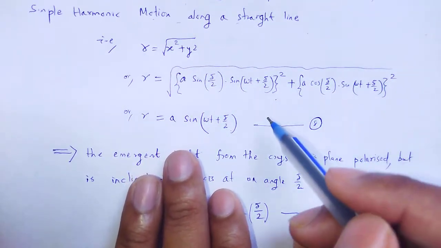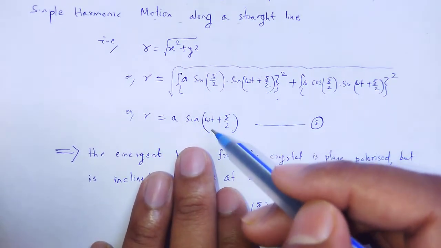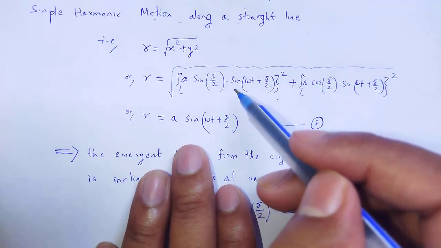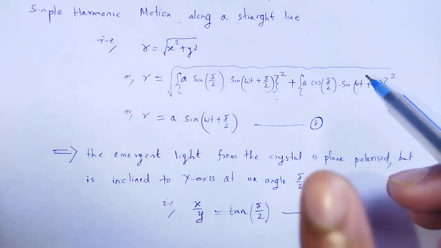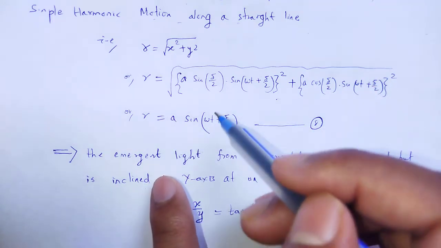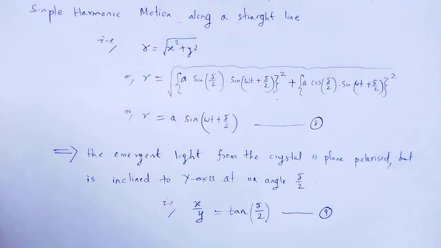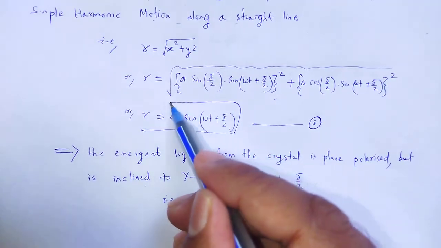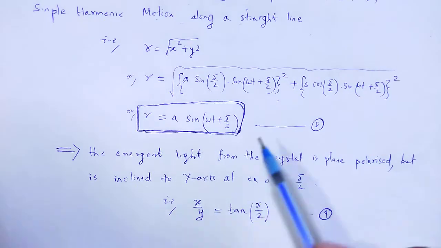Inside the bracket we take a square sin square omega t plus delta by 2 common, and inside that bracket there will be a term sin square delta by 2 plus cos square delta by 2, that is 1, and taking the square root, finally we obtain r is equal to a sin omega t plus delta by 2. This is the equation, and that equation represents a straight line, that is the SHM.